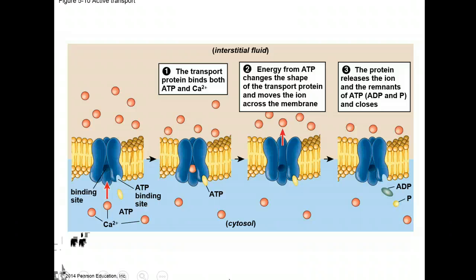This slide is illustrating some differences in transport, particularly active transport. During active transport, membrane proteins use cellular energy to move molecules or ions across a plasma membrane against their concentration gradients.